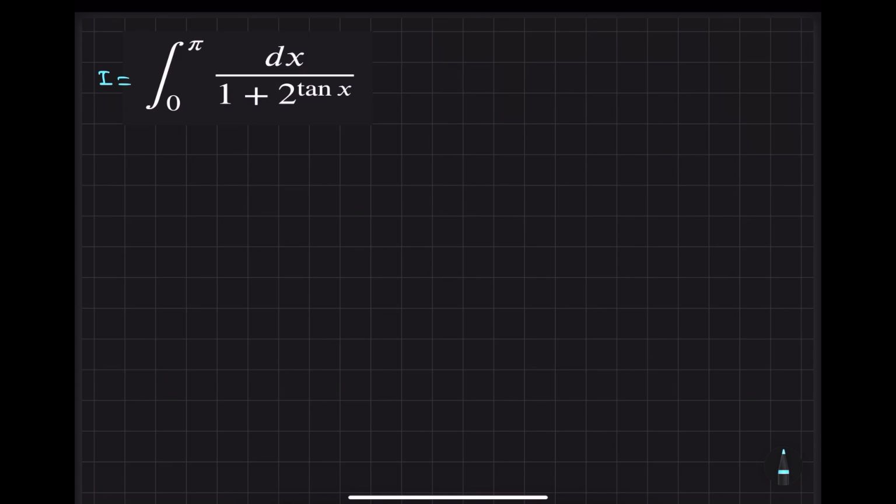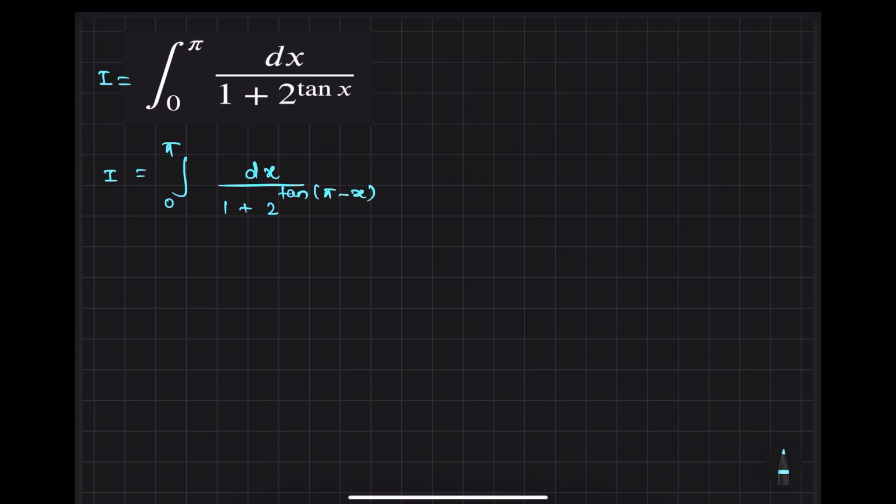Means we will add 0 and pi, we will get pi, and then we will replace x with pi minus x. So we will have I equals integration from 0 to pi dx by 1 plus 2 power 10 into pi minus x.